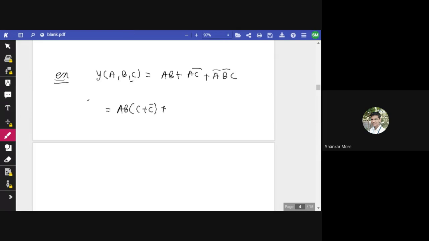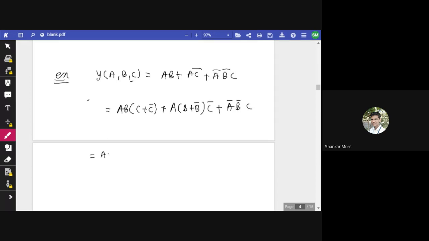It should be multiplied with b plus b bar. Yeah, b plus b bar. Great. So a into b plus b bar into c bar plus a bar b bar c. So what we have?